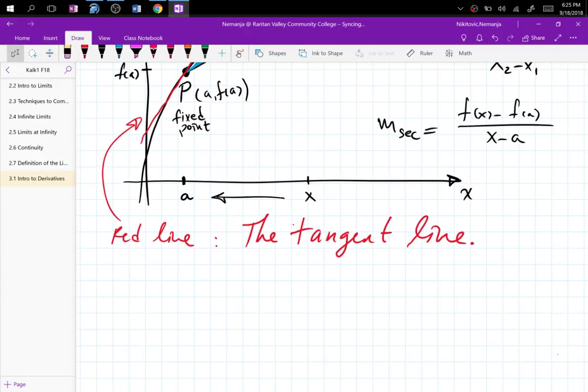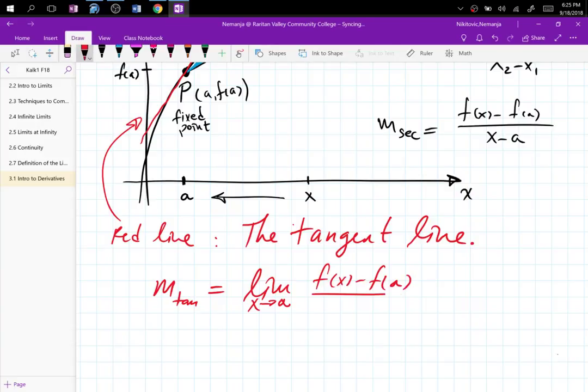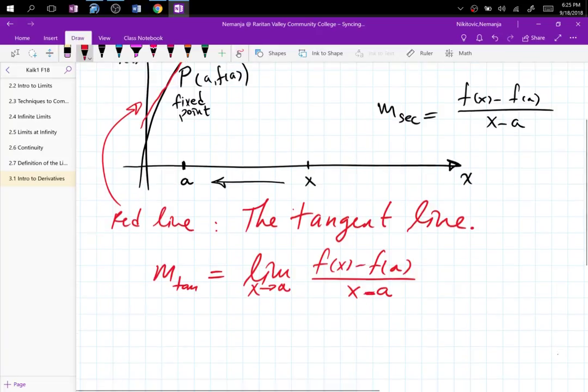And the slope of that tangent line is calculated by the limit as x goes to a of the secant one, which is f of x minus f of a, divided by x minus a. So that's the theory.